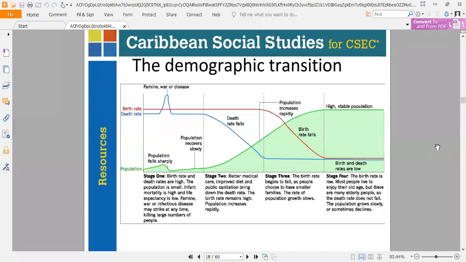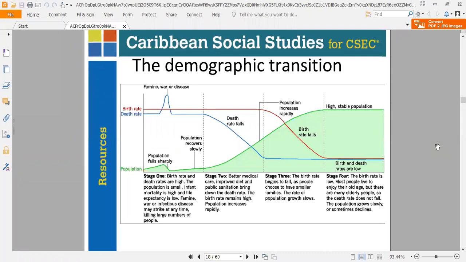Notice that when we come to phase 3 or stage 3, the birth rate begins to fall as people choose to have smaller families. The rate of the population slows. So we realize the upward trend in the population, right? So the population was going up because the death rate began to decline rapidly, right? And the birth rate was constant.